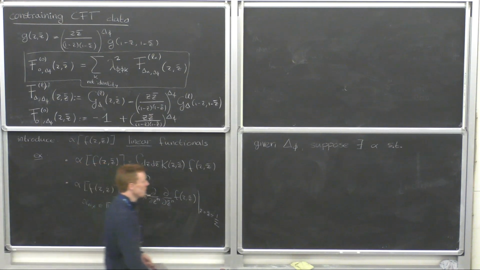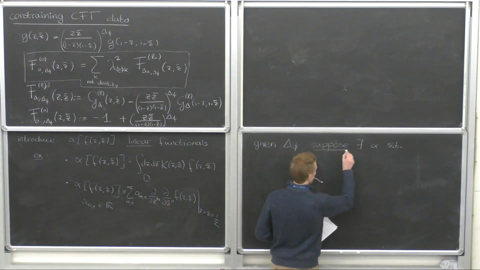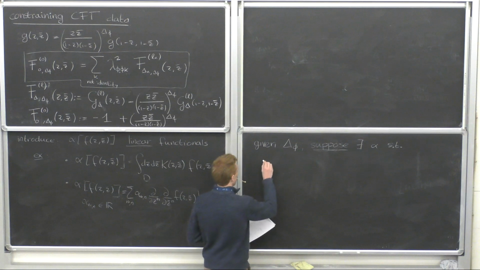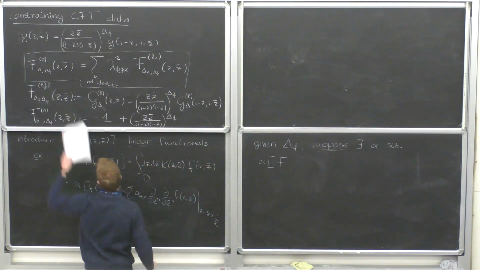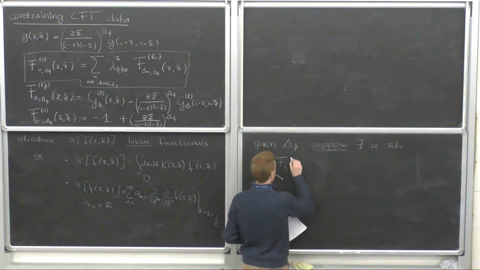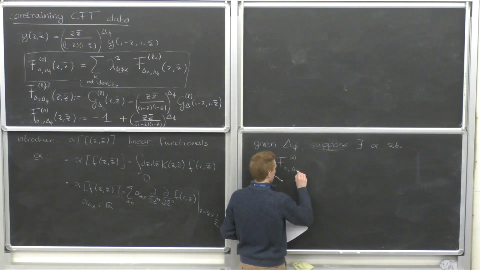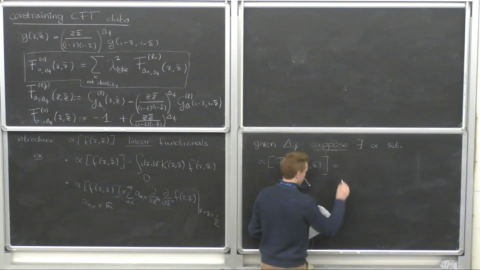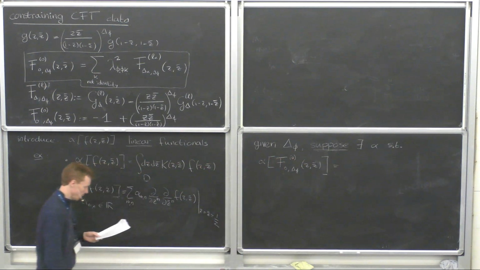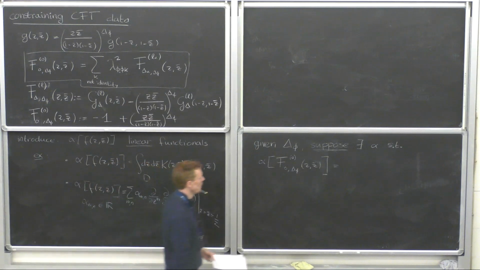Suppose something crazy exists. Suppose there exists a functional that acts on this f00, the identity contribution from both conformal block decompositions. It's positive.